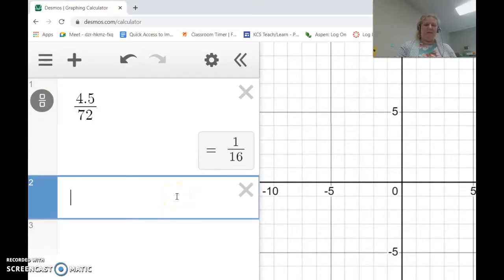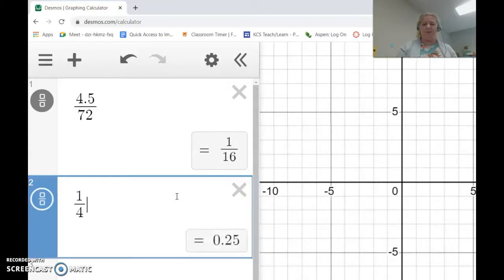Now, what number times itself gives you 1/16? Because if you remember, you take the original area times the scale factor times the scale factor. So the scale factor would have to be a number times itself that gives you 1/16. I think it's 1/4.